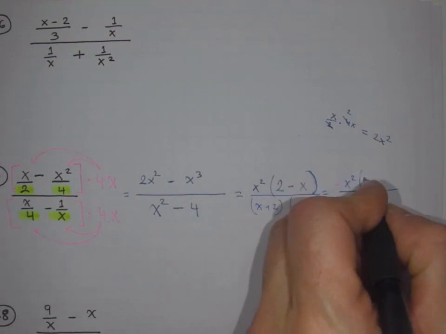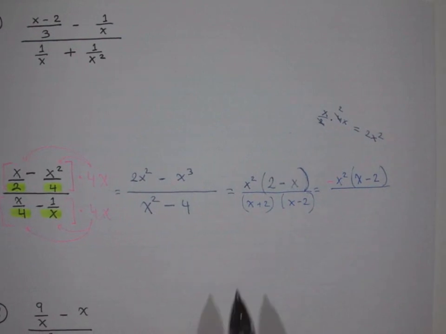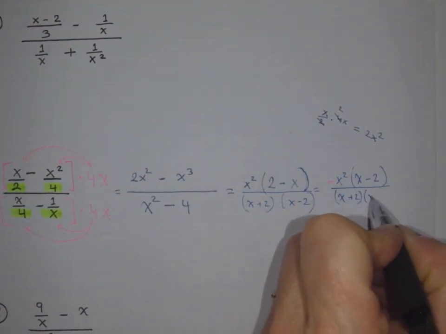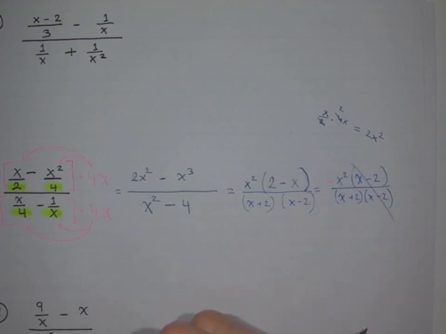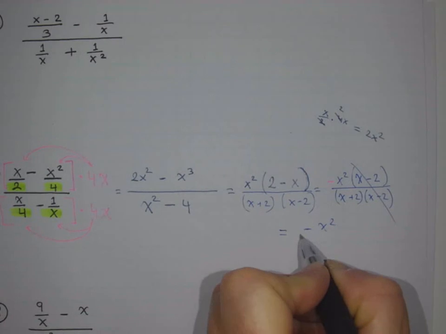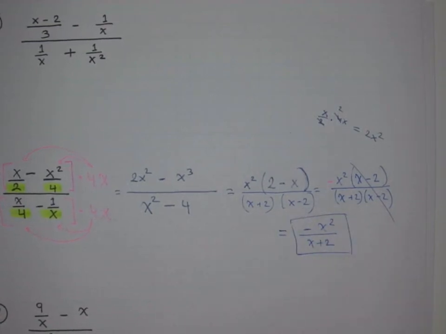So positive x, negative 2, I can rewrite them in this order. And now look, with my denominator, you see what happens? Boom, those two are gone, and so the answer will be negative x squared over x plus 2, and that will be your answer. Okay, we're going to call that a day.